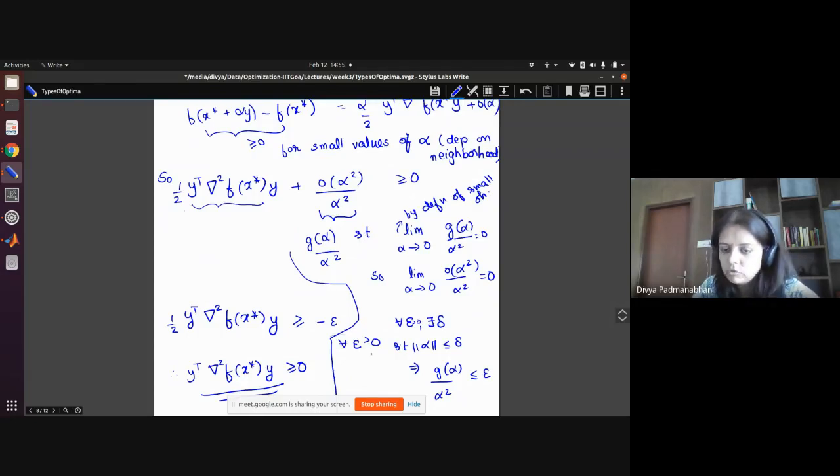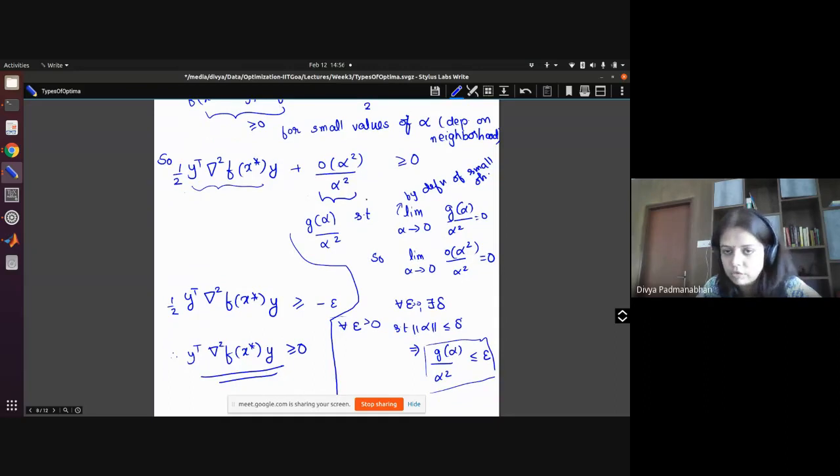For any epsilon you have, it's possible to find a delta, and this relation is true. So you plug this back here. This g of alpha by alpha square is exactly this o of alpha square by alpha square, and that is less than or equal to epsilon.